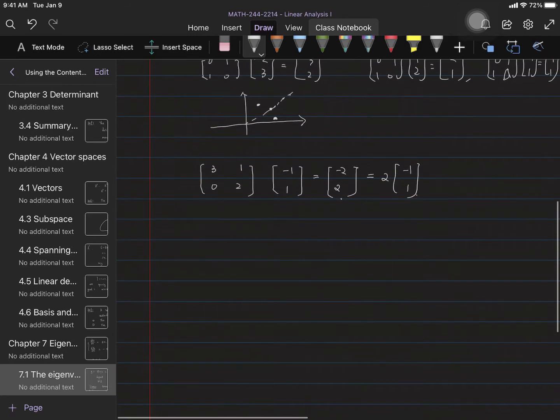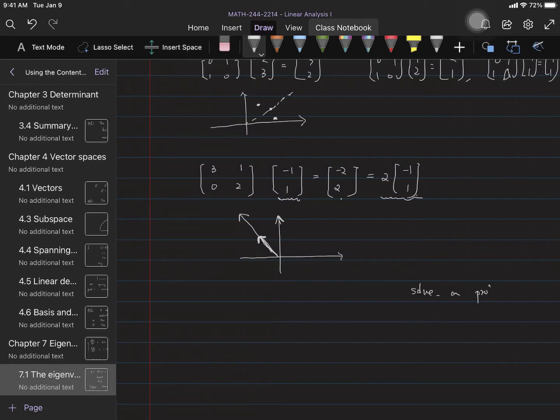If I draw the graph, (-1, 1) should be here. After the transform it becomes double that, so like this. The vector is transformed into this vector, and we call this kind of vector an eigenvector.